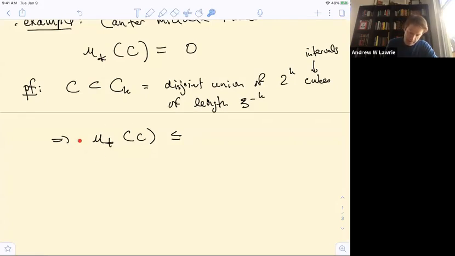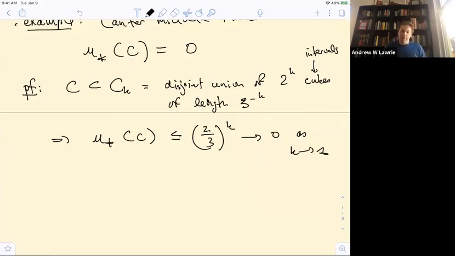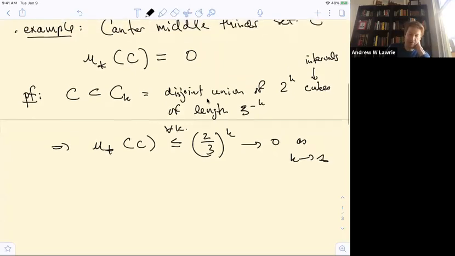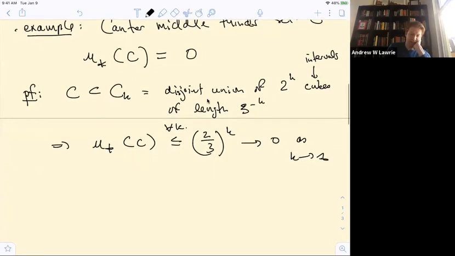So the exterior measure, which is the inf over all such coverings, is less than or equal to the volume of this covering, which is (2/3) to the k, as k goes to infinity. So this is true for every k. Okay, so the Cantor middle thirds set has exterior measure 0.